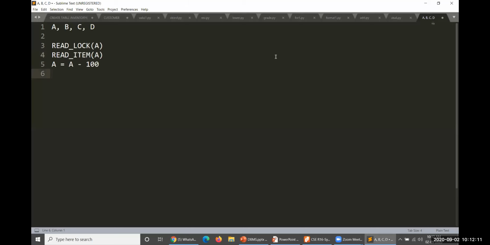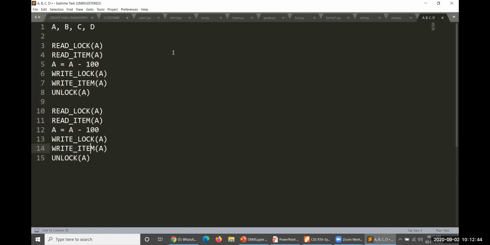After that, the write lock has been acquired here. So write underscore lock of A has been taken, followed by write item. The item has been written onto the same place, and then you unlock A. So this is the complete information regarding one particular item from the database.